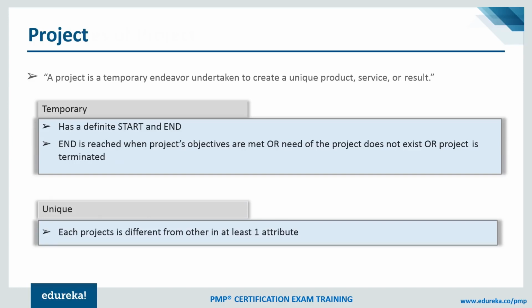And the second characteristic is unique. The uniqueness is very important here. So the output or outcome of the project must be unique in one way or another from any of the previous projects done by your organization.